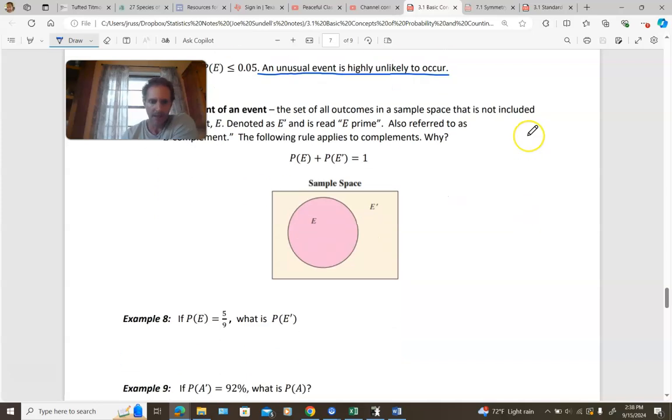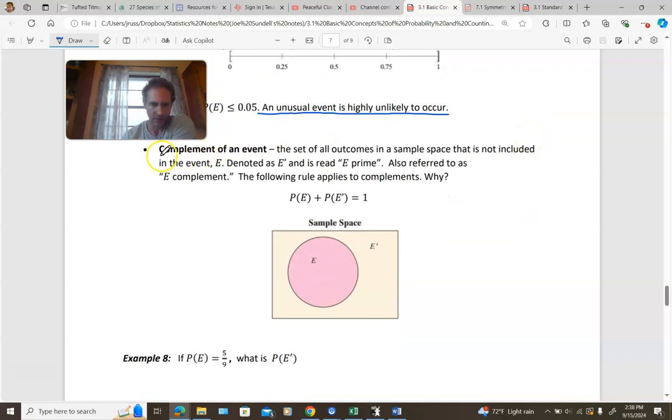All right, and then the last term that we're going to learn is complement, okay? This is not like a compliment that you give someone, to make them feel better about themselves, or maybe they just deserve it, or both. A complement of an event is the set of all outcomes in the sample space that is not included in the event.